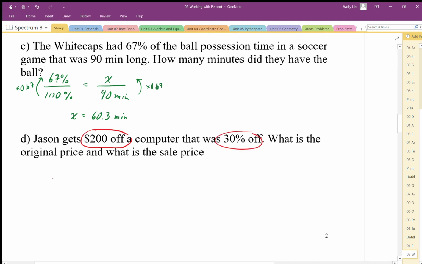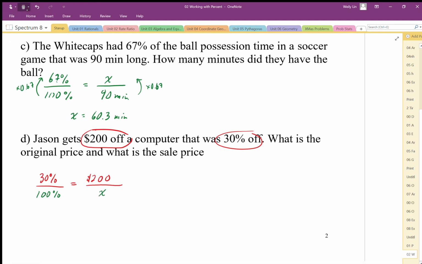I have my 30% as my part, and $200 is also my part. I know that's going to be compared to 100%. 30% to 100%, and this represents my original price.